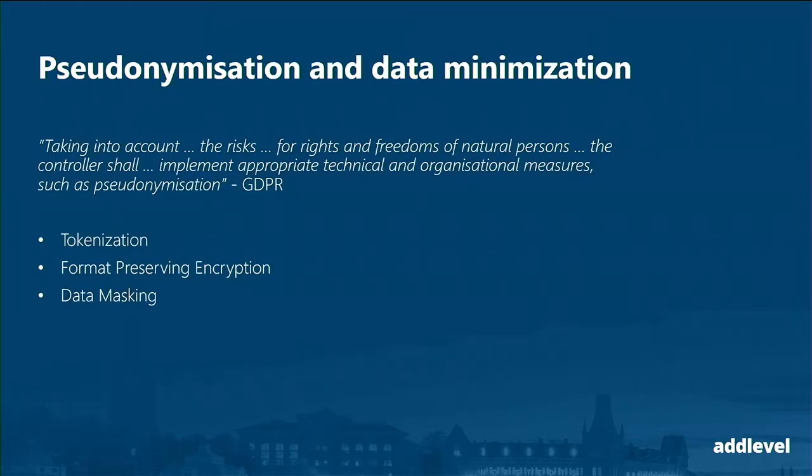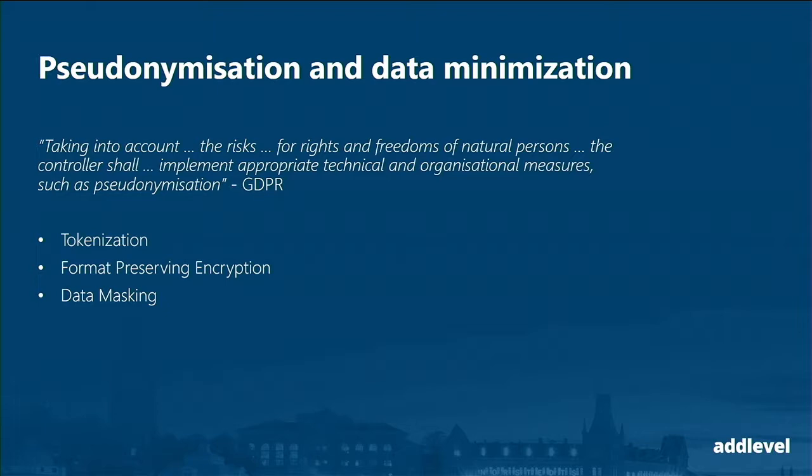That brings us up to the next part of this. When we talk about GDPR, a lot of customers have started to ask us, so what about pseudonymization? What is that? Because there is a lot of pseudonymization in the GDPR. So what does that mean? And we talk about data minimization as a concept.